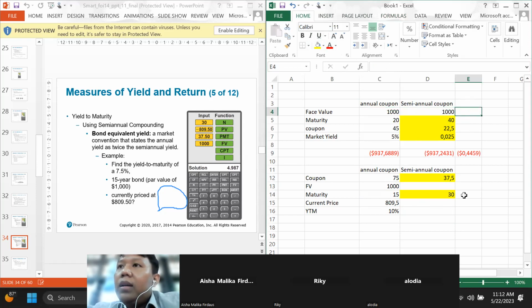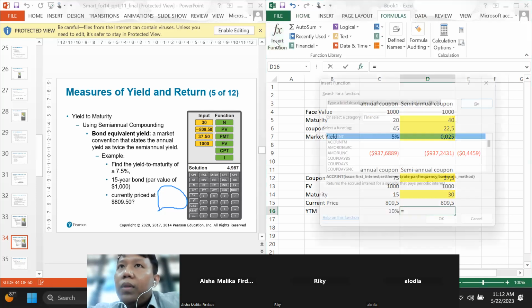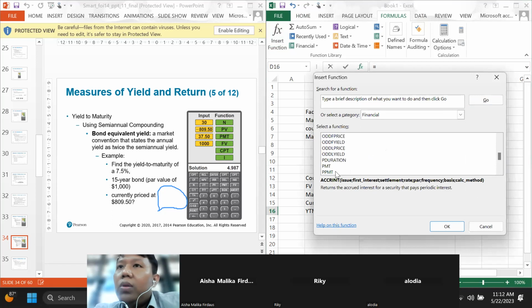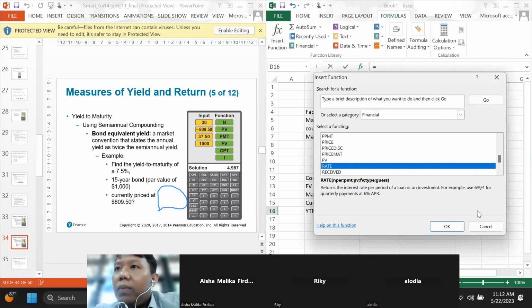All right, so now we will try to calculate the yield to maturity. What we do here is go to the formula, go to the functions, choose the financial functions, and go to rate. Here we have rate.